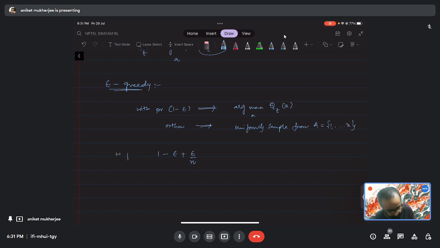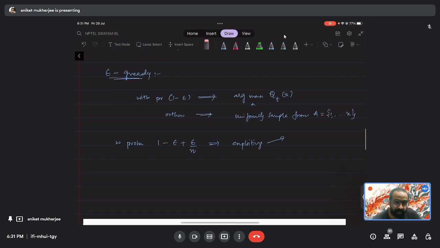With this probability, you are exploiting. So what does exploiting mean? Exploiting means that you are picking the arm which has the maximum expected reward, calculated from all the samples till that time. And then with some probability, you are exploring.